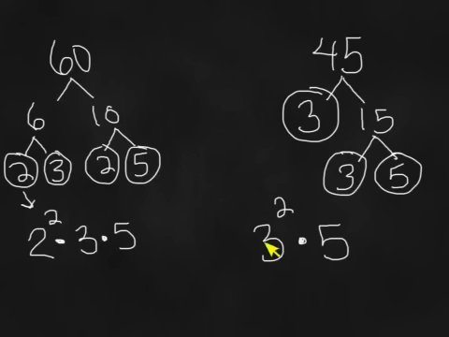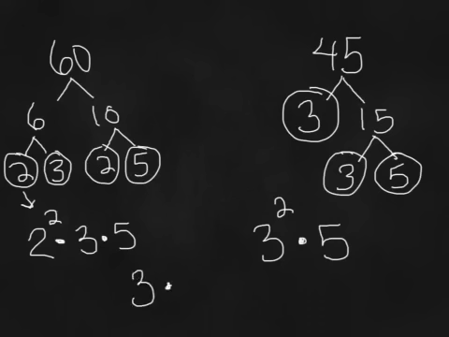In fact, 45 has 2 of them. But how many 3s are used as a factor in common? This one only has 1, and this one has 2. Can this one have 2 in common with 45? No, because it only has 1. So I'm going to go ahead and write 1 number 3 down.